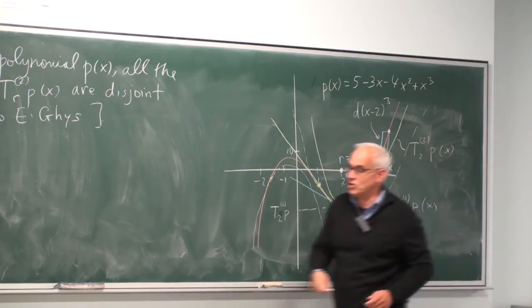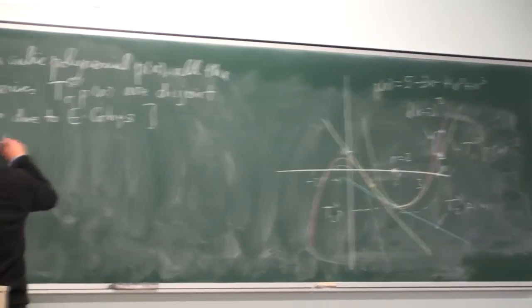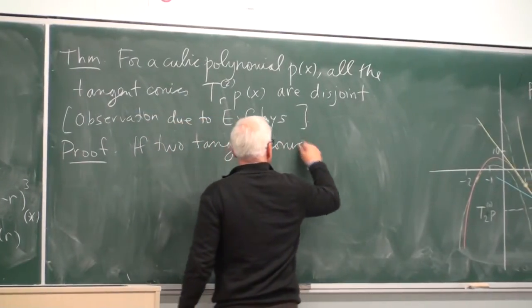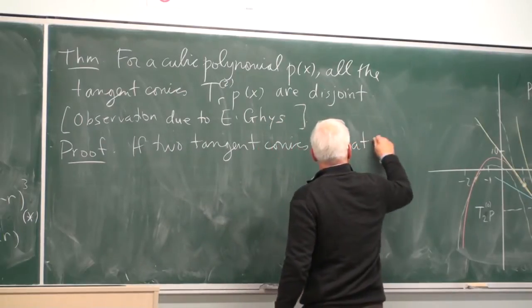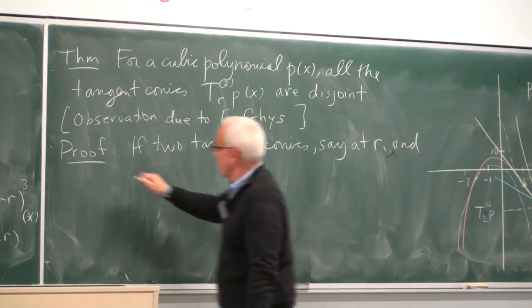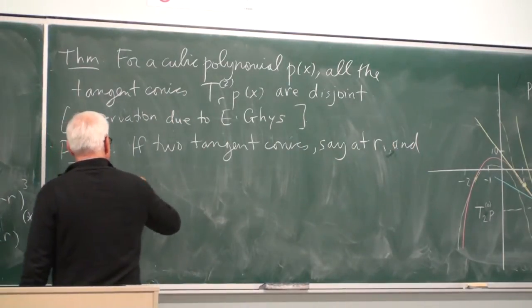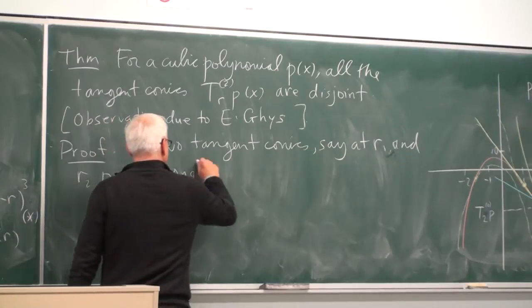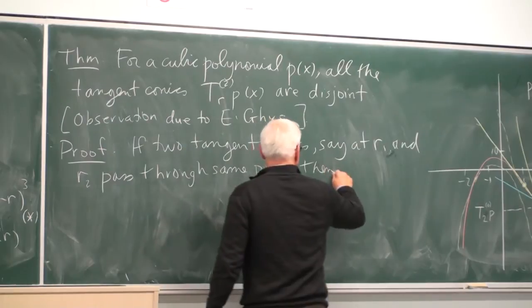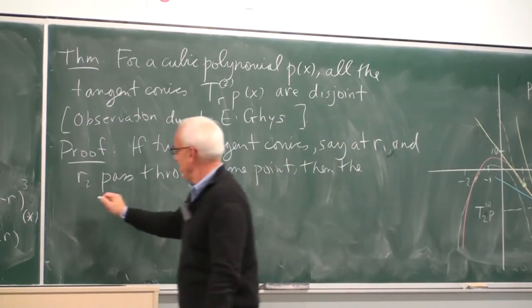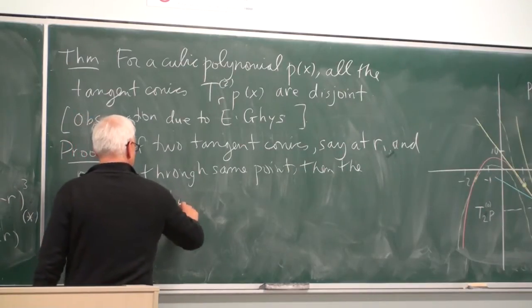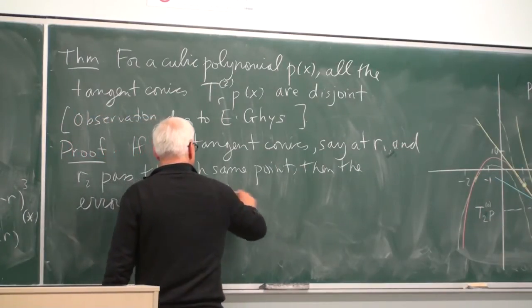All right? So if two tangent conics, say at r1 and r2, pass through the same point, then the errors at that point are the same.